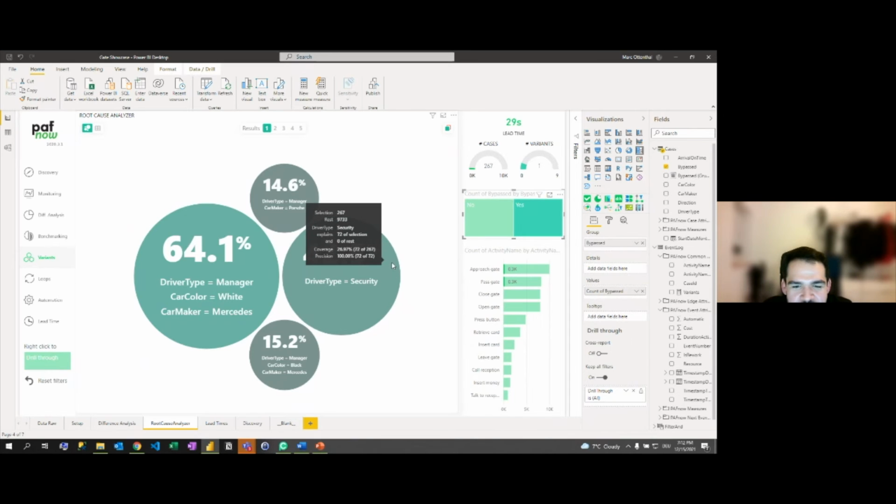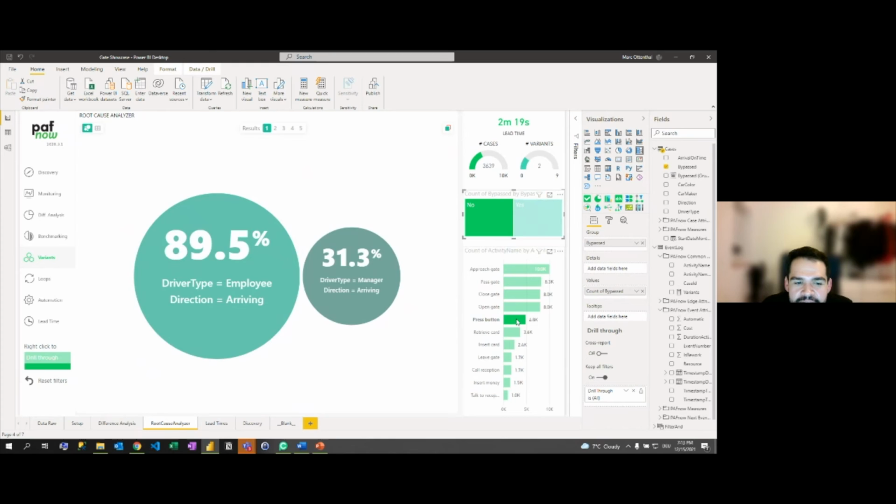So maybe the security really wanted to get fast in, fast out. That's also interesting, right? But what we also know is that apparently some managers are able to actually use the process as intended, because when we saw approach gate and then press button, there were also some managers over there. So not all managers are bad, but apparently some managers didn't really get the gist of it, right? Okay, that's some nice learnings.